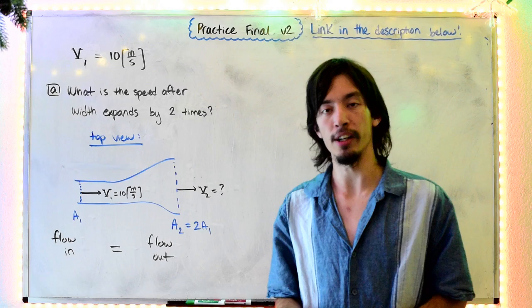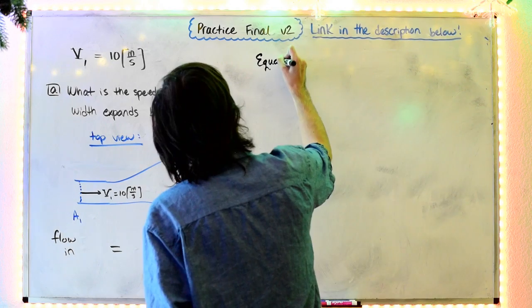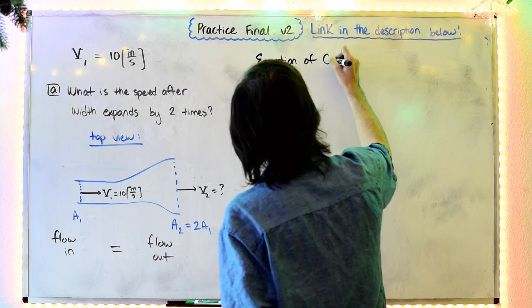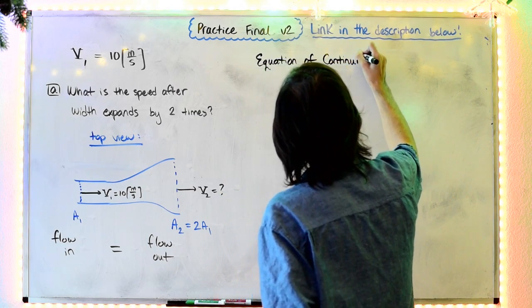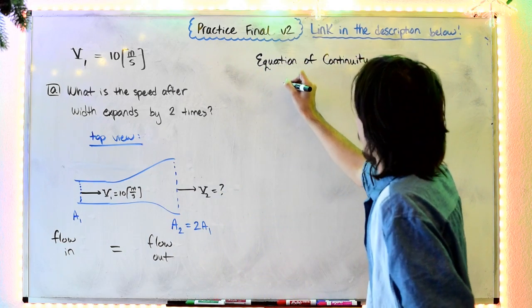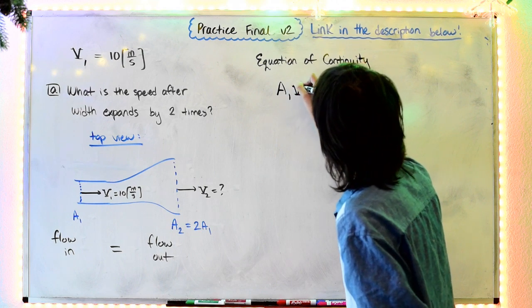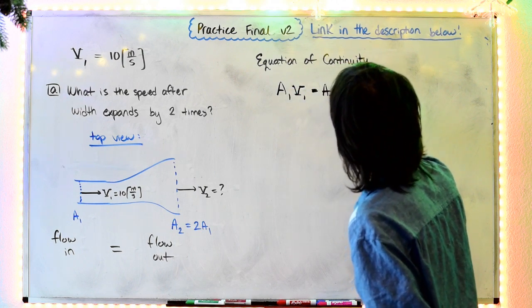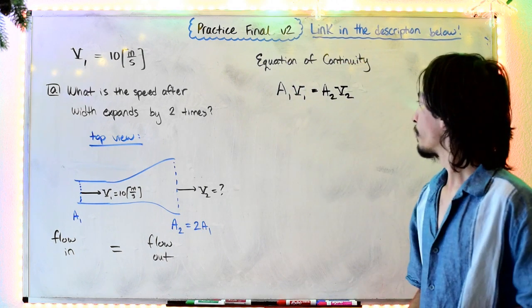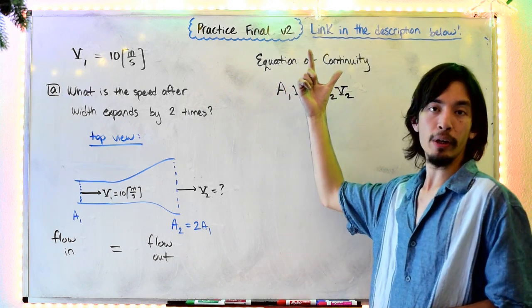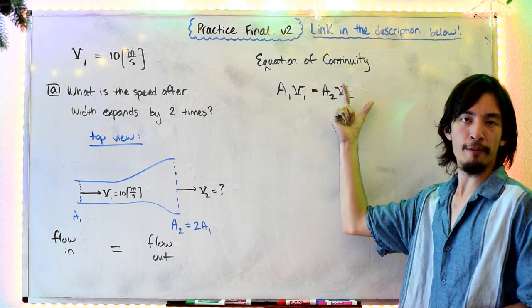And the general principle, or the equation we use for that, is the equation of continuity, which is A1 V1 equals A2 V2. This basically says that what you have flowing in equals what you have flowing out.